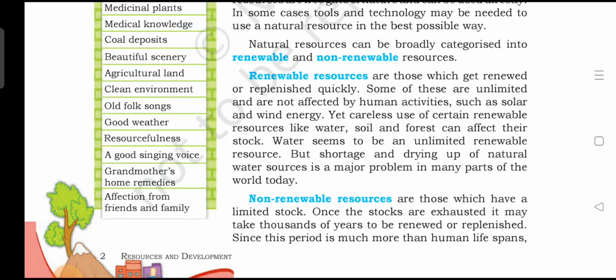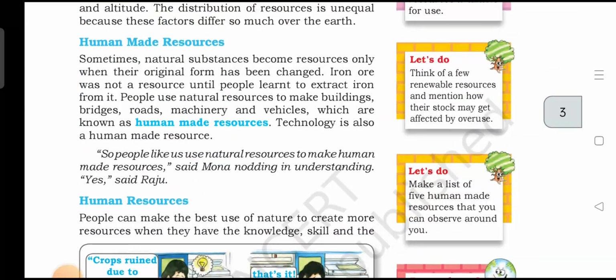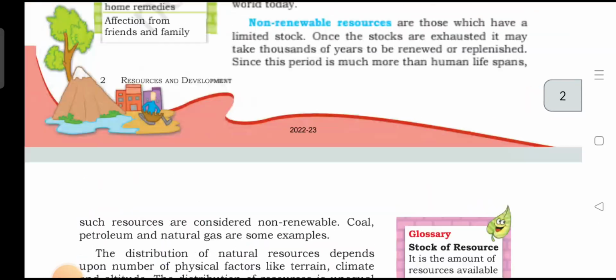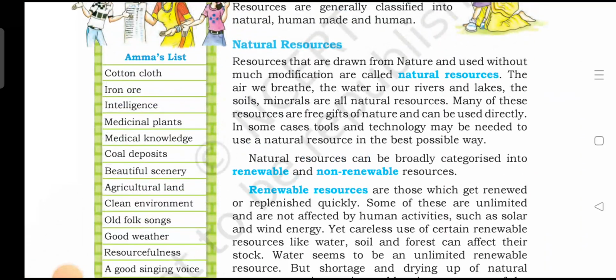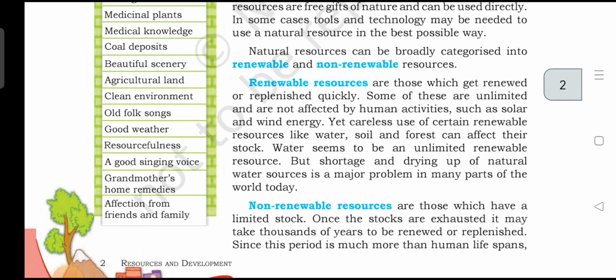Now natural resources can be broadly categorized into renewable and non-renewable resources. What are renewable and non-renewable resources, dear students? Renewable resources are resources which replenish very easily. You can say they regenerate very easily. When we take them, they come back to nature again.